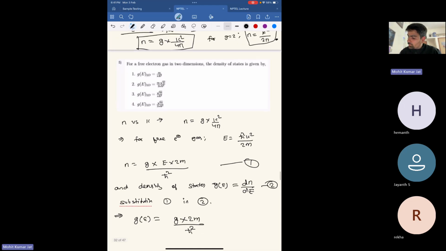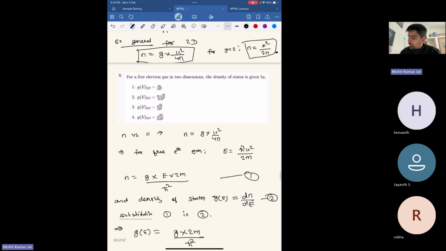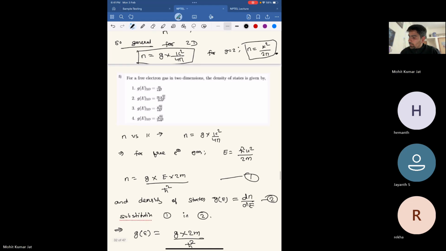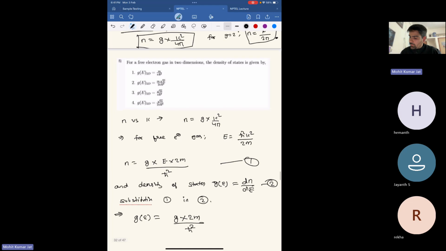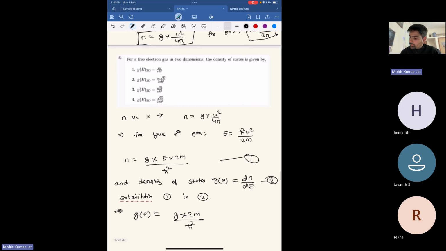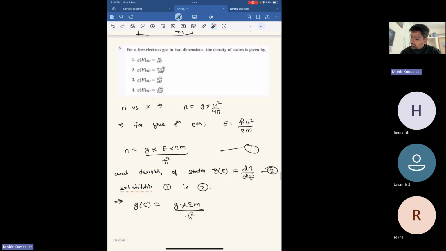Or did I do something wrong? g times k² by 4π, and then k² by 2mE by ħ². This is right. And this is 2mE by ħ².